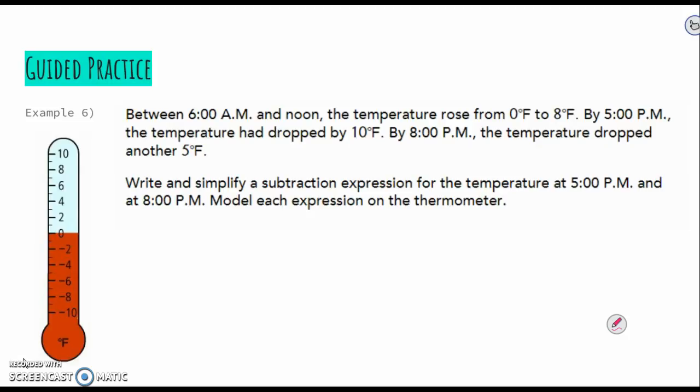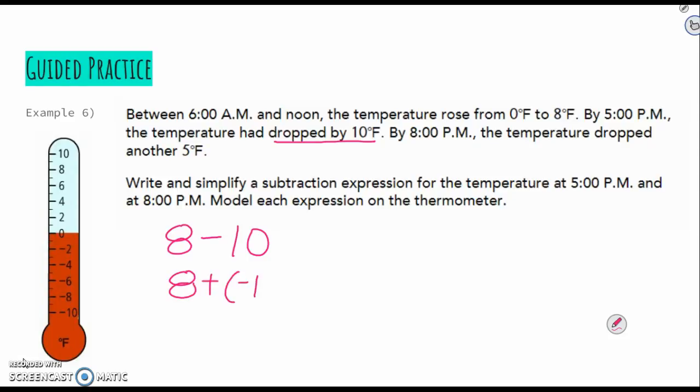So we started at 0, and we rose to 8 degrees. So that means our first number is positive 8. Then it dropped 10 degrees, so that's minus 10. 8 minus 10 is the same as saying 8 plus negative 10, which is negative 2.